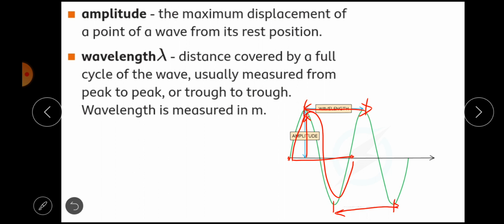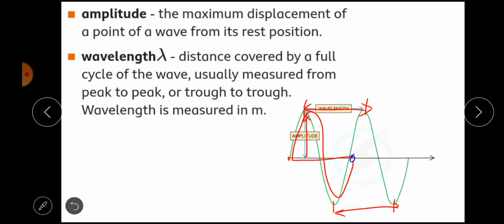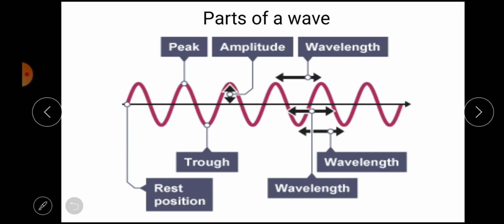Let me use a different color. From here to here is another wavelength. You can draw the wavelength at any region you like. You can also define wavelength as the distance between two similar successive points.